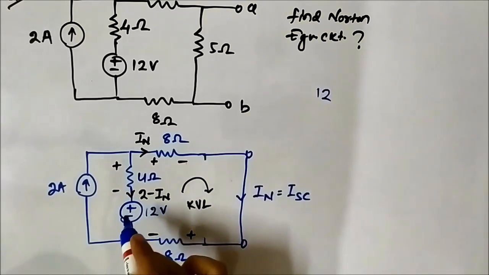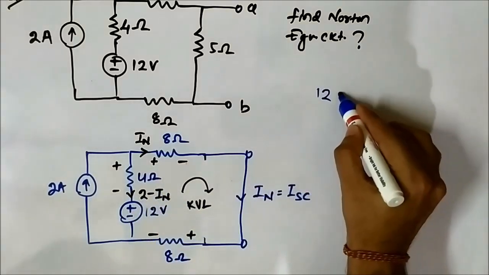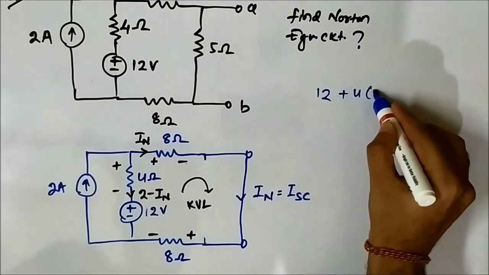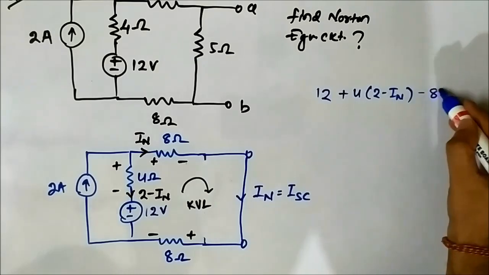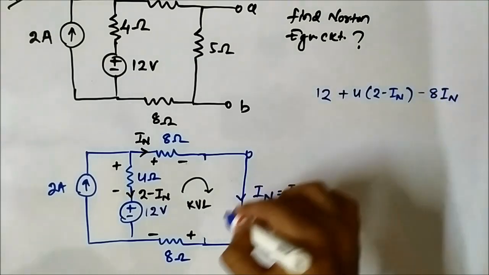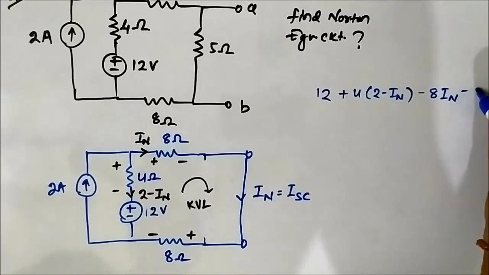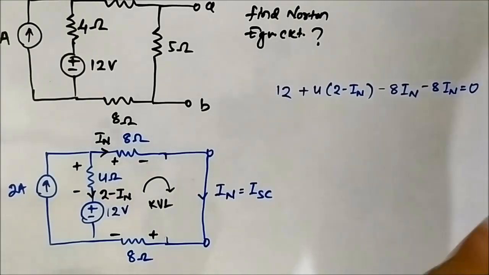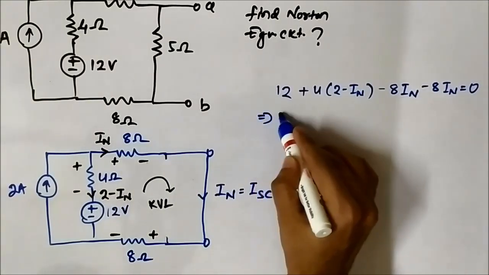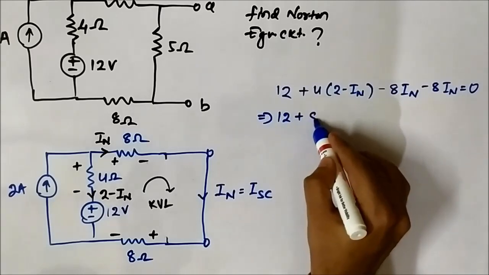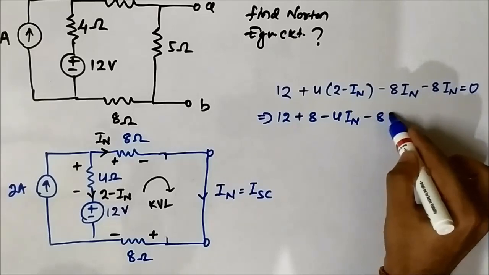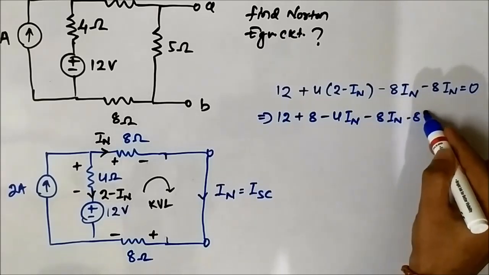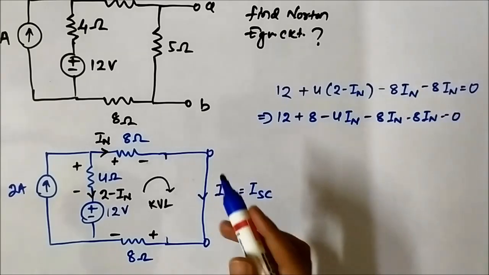So the KVL will be 12 plus 4 into (2 minus IN) minus 8 IN minus 8 IN is equal to 0. Next, 12 plus 8 minus 4 IN minus 8 IN minus 8 IN is equal to 0.